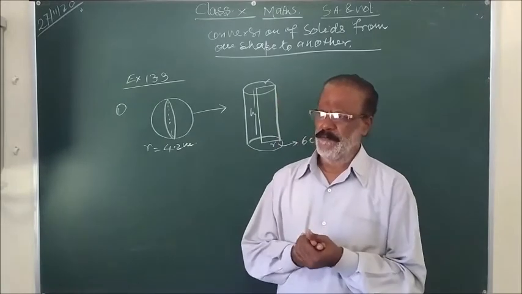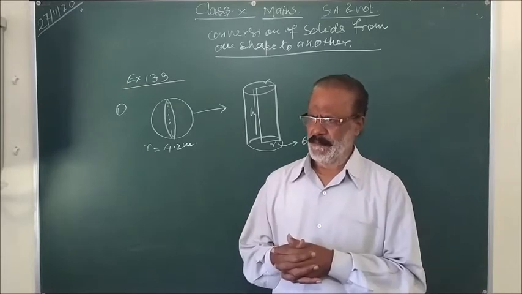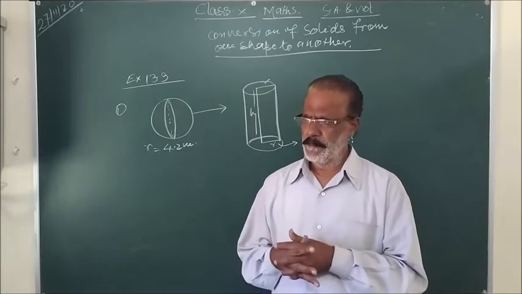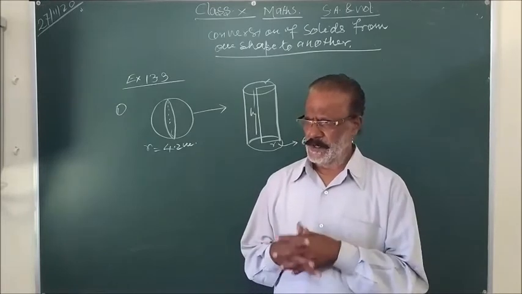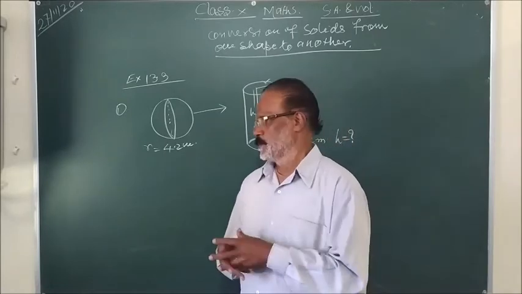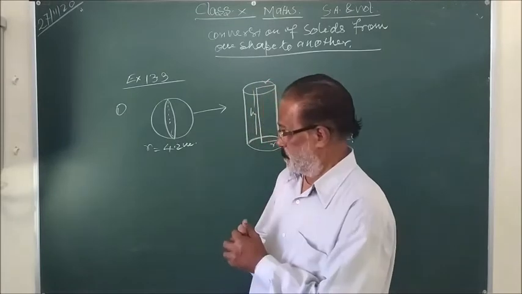If we have any metallic sphere and we melt it, we can reshape it into the shape we desire. So how will you find the unknown quantities?